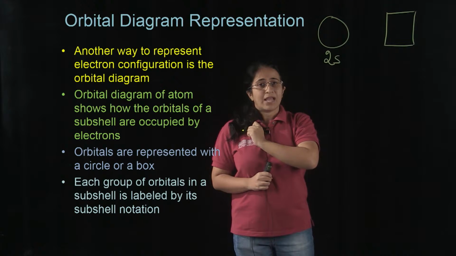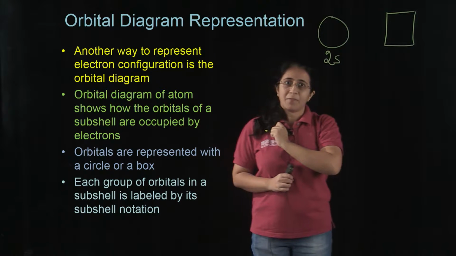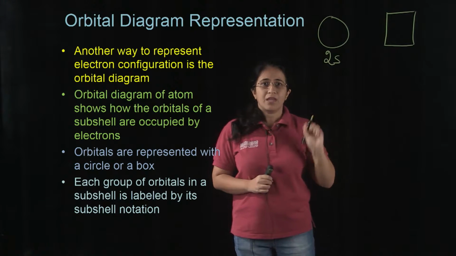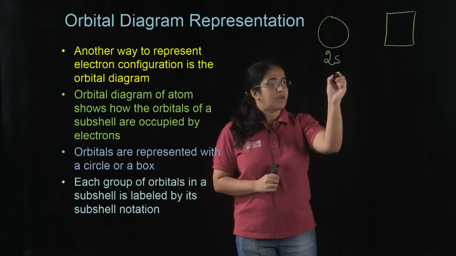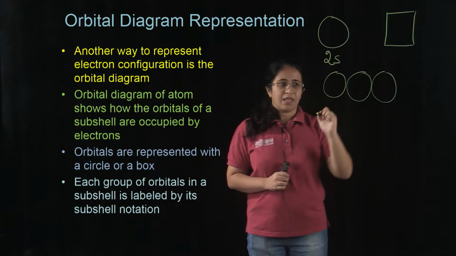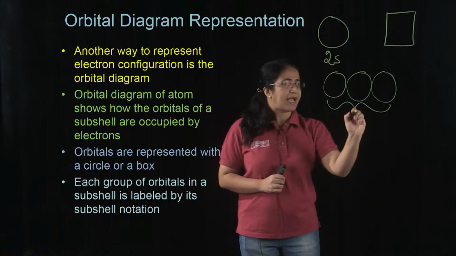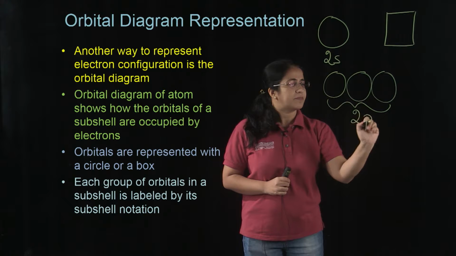Let's say you want to draw a 2p orbital. Remember, a p orbital has 3 orientations, meaning you need to draw 3 circles and label this whole group of orbitals as 2p.